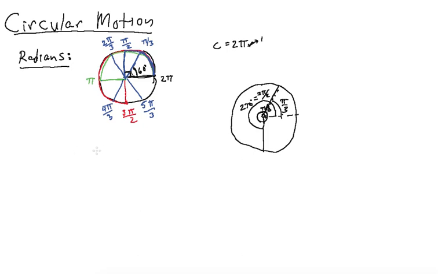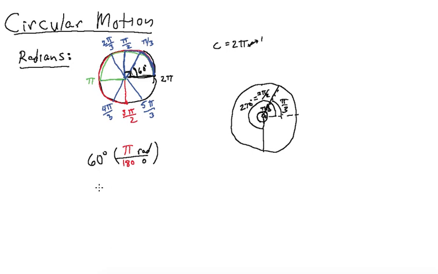So let's say I wanted to convert 60 degrees into radians. What you want to do is put something with degrees on the bottom and something with radians on the top, and then you want to make sure this stays 1. The choices are up to you. If you remember that halfway around the circle is pi, and halfway around a circle is 180 degrees, you could put pi here and 180 degrees here.